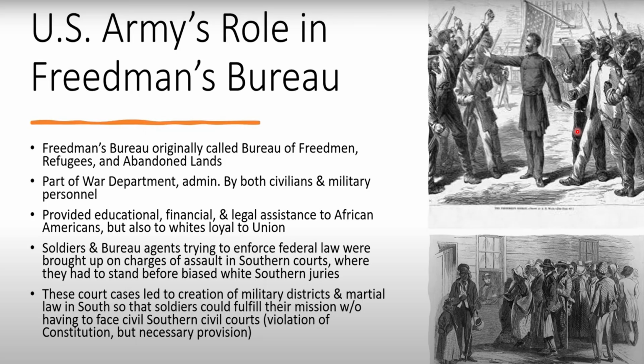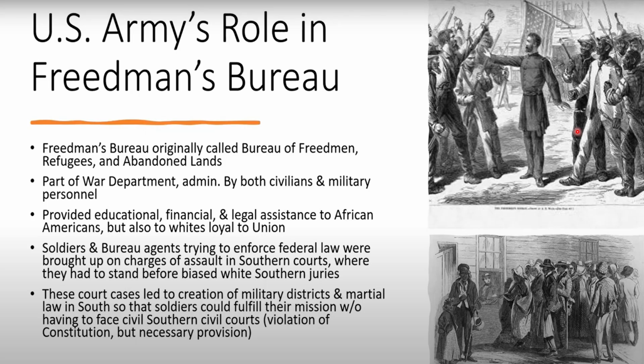The Freedmen's Bureau was initially called the Bureau of Freedmen, Refugees, and Abandoned Lands, and it was staffed partially by the War Department, but it worked with a lot of civilian workers as well. And they provided educational, financial, and legal assistance to African Americans. But white people loyal to the Union could also get Freedmen's Bureau assistance as well. And the military personnel in the Bureau, they would protect Freedmen's Bureau agents.